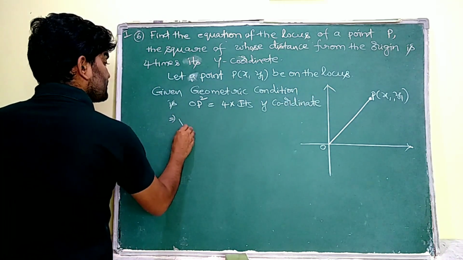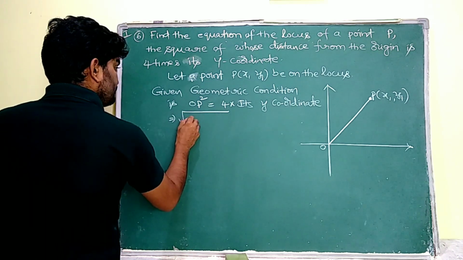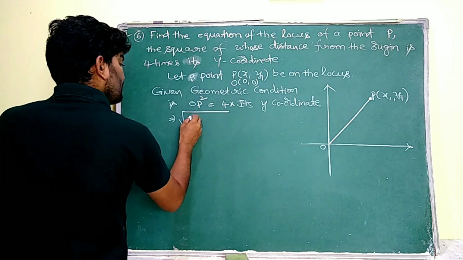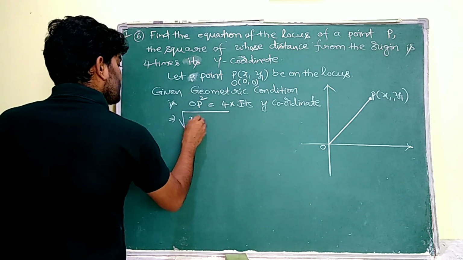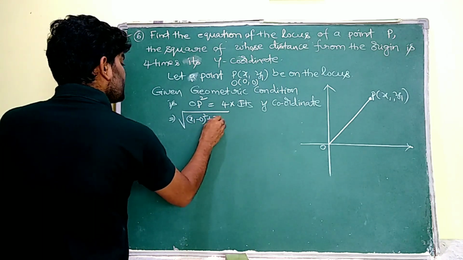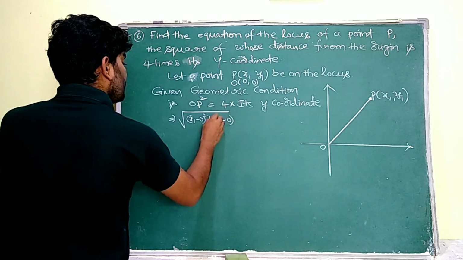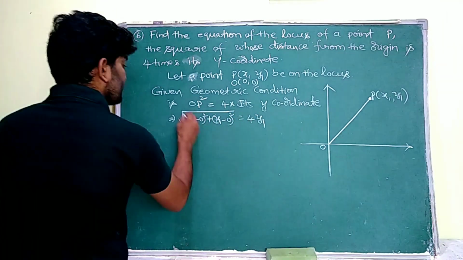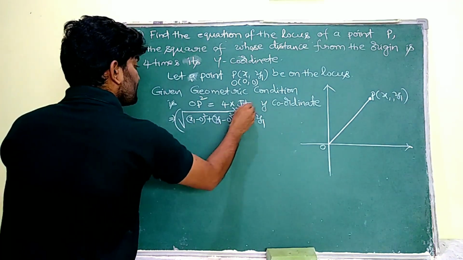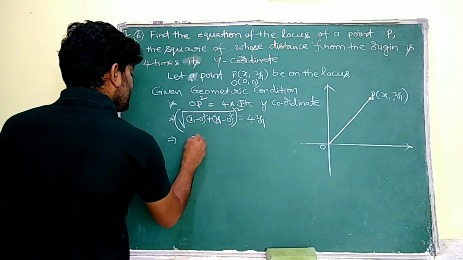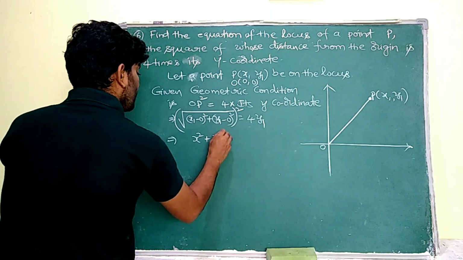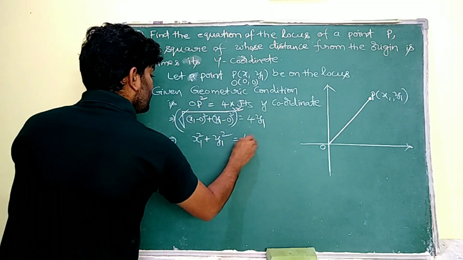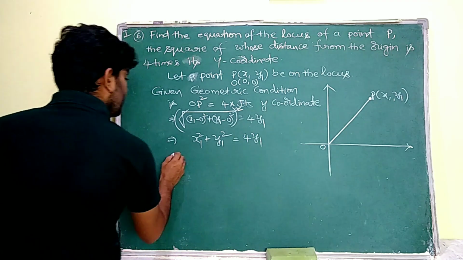So OP square, with the origin being (0, 0), is (x1 minus 0) whole square plus (y1 minus 0) whole square is equal to 4 into y1. That implies x1 square plus y1 square is equal to 4y1.